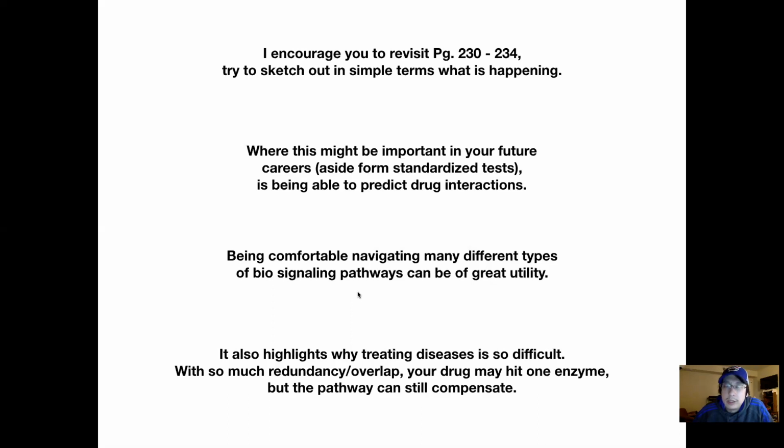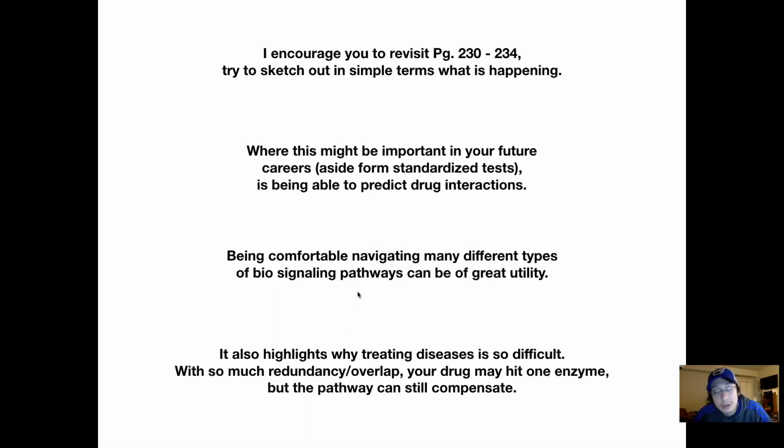A lot of you will end up working maybe in a clinical setting, and when you start working on a certain type of patient with a certain type of disorder or disease, you might be offered by a pharmaceutical rep the opportunity to use a new drug, and you'll need to know what are the off-target effects of this drug.